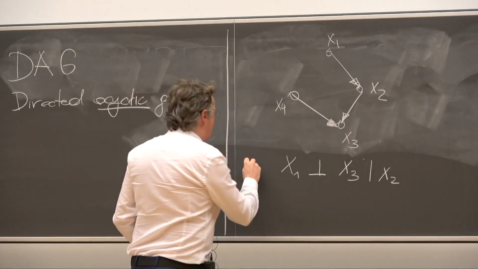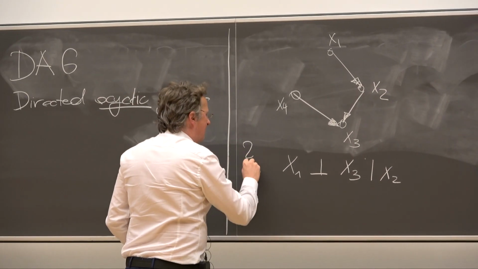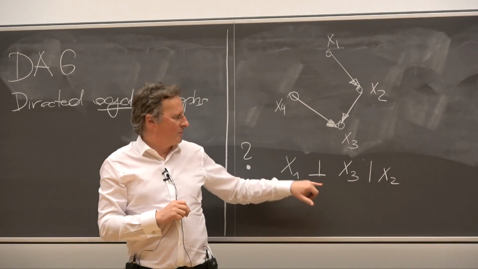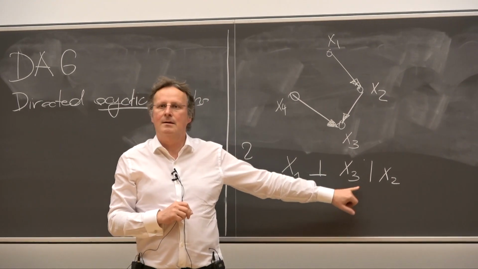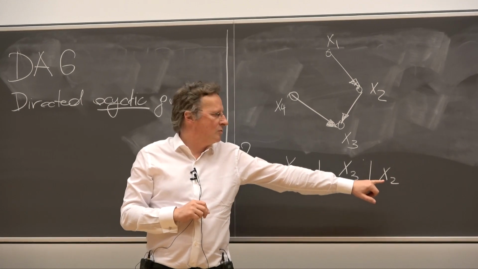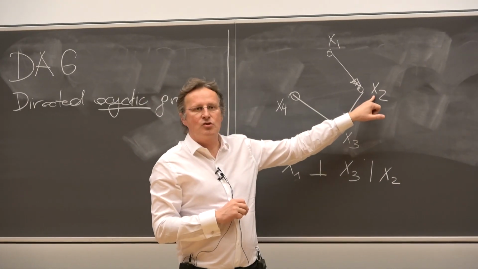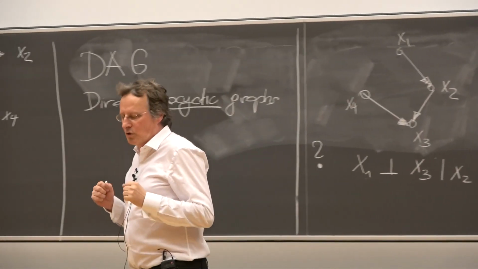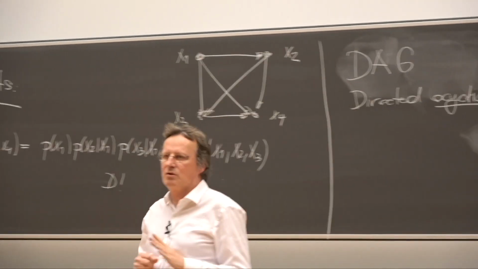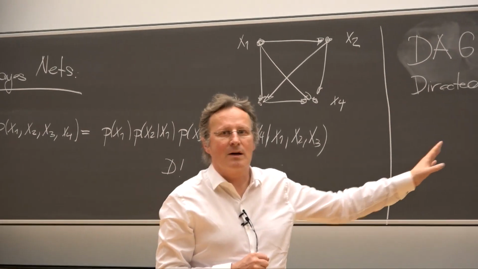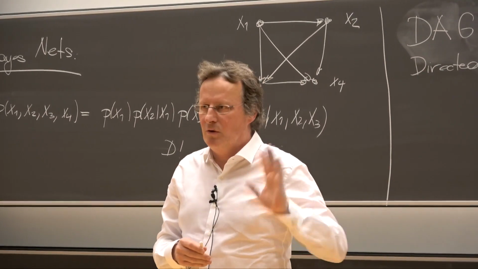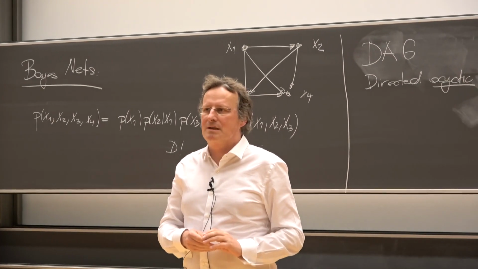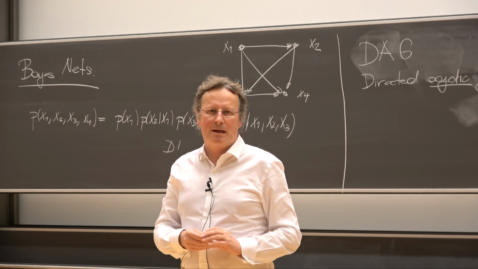So the question is, I give you this, and I ask, is x1 independent, it looks like orthogonal, independent of x3, conditioned on x2. Someone gives you the value of x2, and now you still have the random variables x1 and x3, and you want to know whether, just from the pure structure, not knowing anything else, for any distribution that's compatible with that structure, these random variables are independent.